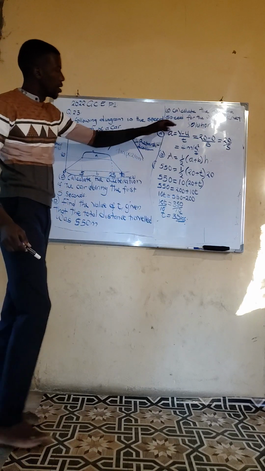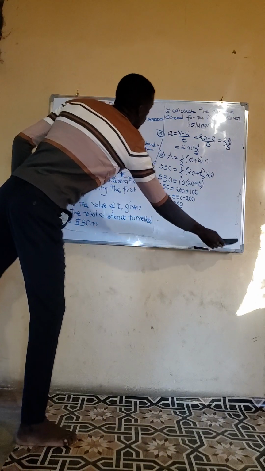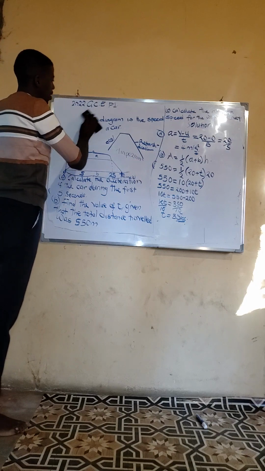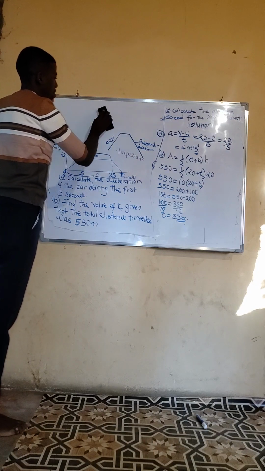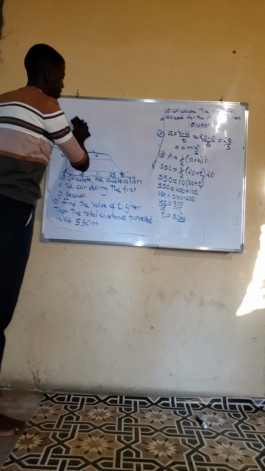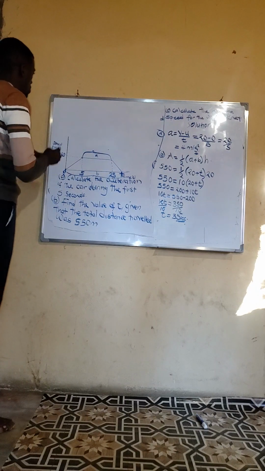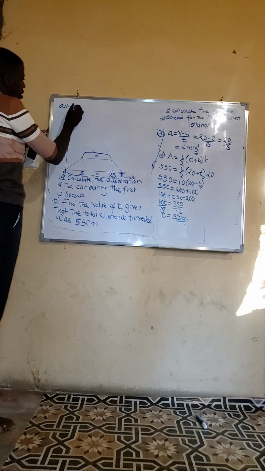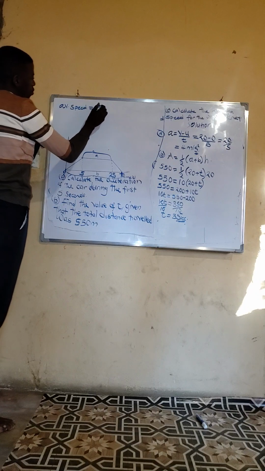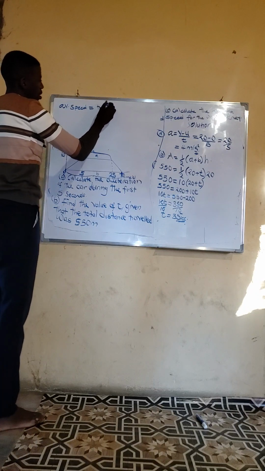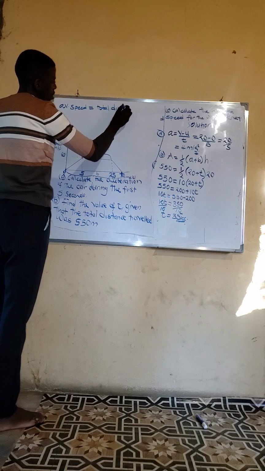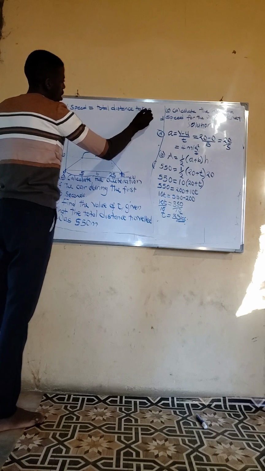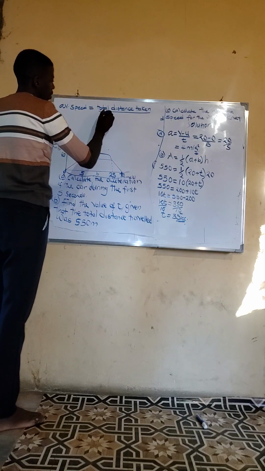Now, the last one says calculate the average speed. So the average speed will be equal to the total distance taken, the whole lot of this, over total time.